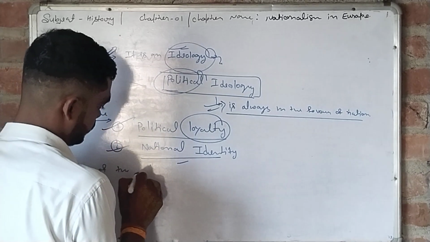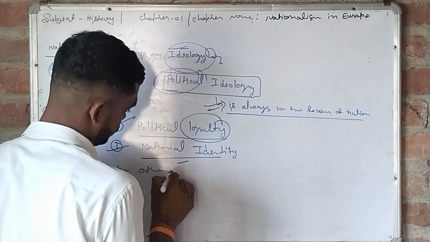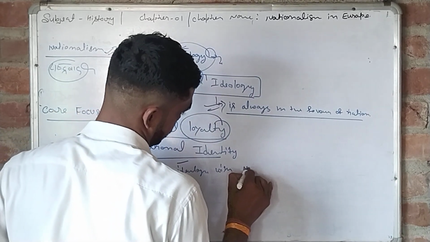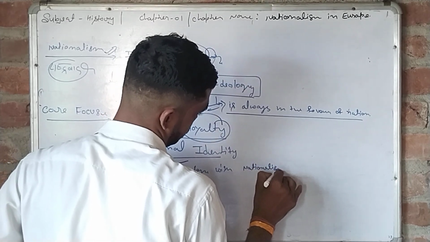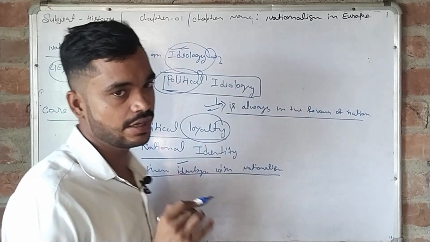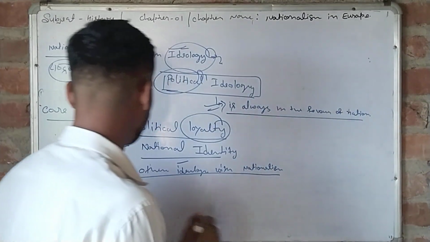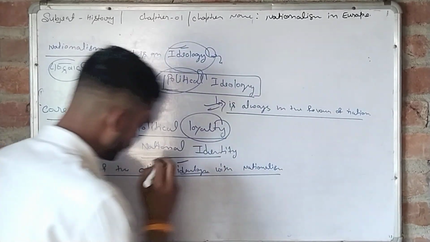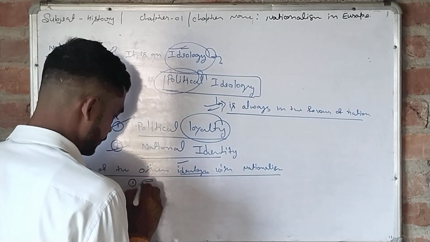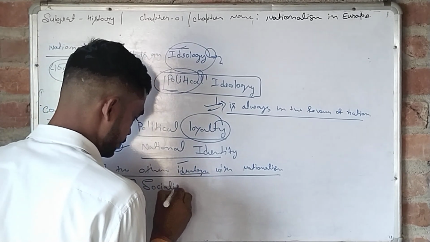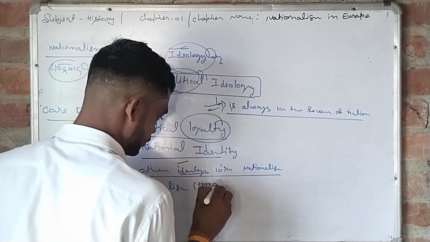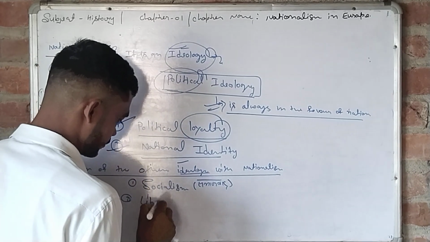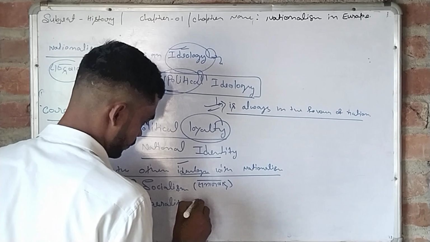The other ideologies which influence nationalism are, first, socialism, समाजवाद, and the second is liberalism, उदारवाद.